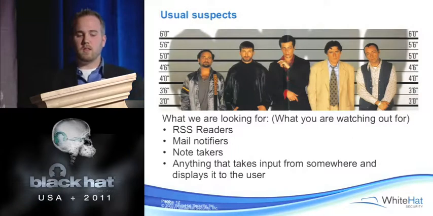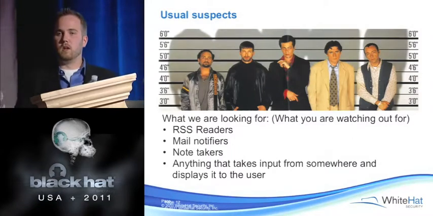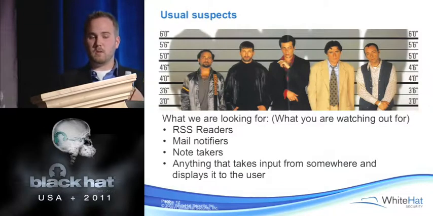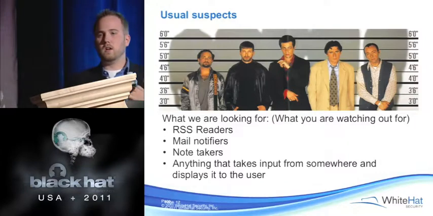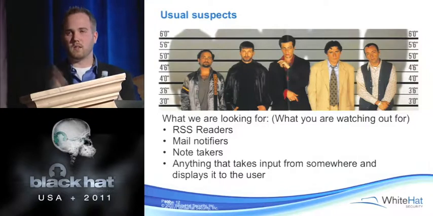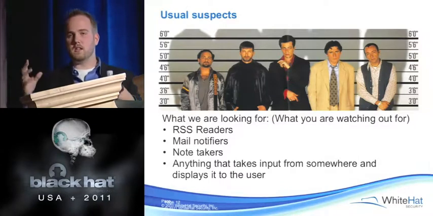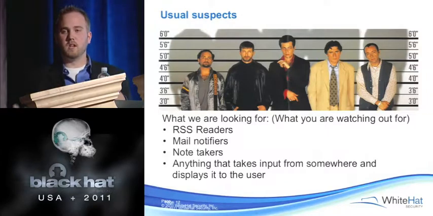We're looking for things like RSS readers, which absolutely need wide open permissions in order to run. If those have a cross-site scripting bug in them, it's game over, right? Mail notifiers, something that grabs your email from somewhere and displays the subject line in your browser, and then I can click on it and open my email. Note takers like Scratchpad. Basically anything that takes input from anywhere and displays it on the screen, we're going to be looking for cross-site scripting bugs.